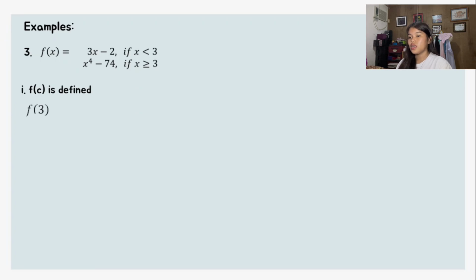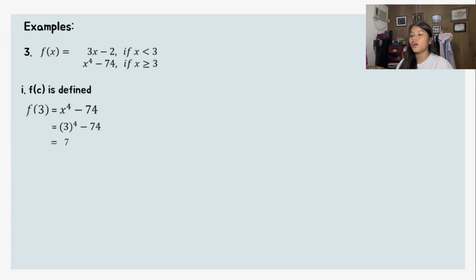So our c here is 3 because we have here the equal sign, and our function is x to the power of 4 minus 74. And then just substitute our 3 since the value of x is 3. So that will become 3 to the power of 4 minus 74, and if we put it in calculator, it will become 7.